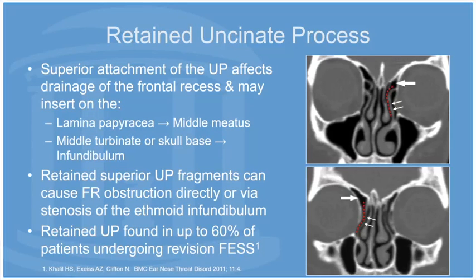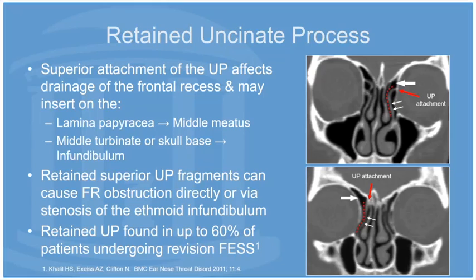Now, in addition to contributing to unaddressed obstruction at the level of the maxillary ostium, as we just saw, failure to completely remove the uncinate more superiorly can also contribute to persistent obstruction at the frontal recess. Remember that a portion of the uncinate process continues upward to attach to either the lamina papyracea, as we can see on the top image, or on the middle turbinate or anterior skull base, an example of which is shown on the bottom image.